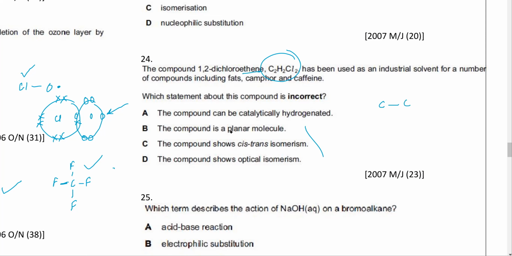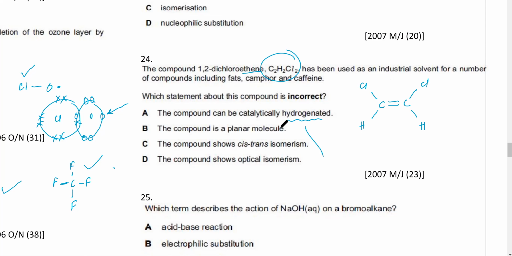Ethene का मतलब है it's unsaturated double bond है, और एक chlorine 1 पे है और एक chlorine 2 पे है. अच्छा, so it can be hydrogenated क्योंकि remember double bonds के जो reaction alkenes के reaction होते थे. Hydrogens can get added to these two carbon atoms.